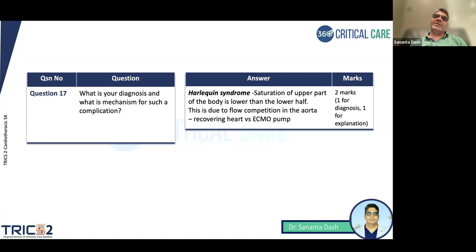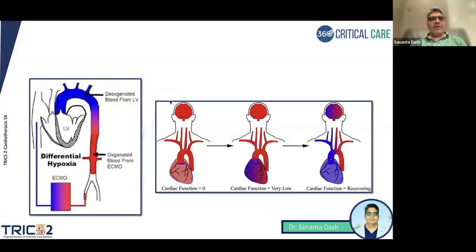So saturation of the upper part of the body is lower than the lower part of the body. This is due to the flow competition between the ECMO and the recovering heart. A little bit of discussion about it. Initially there is no cardiac function.